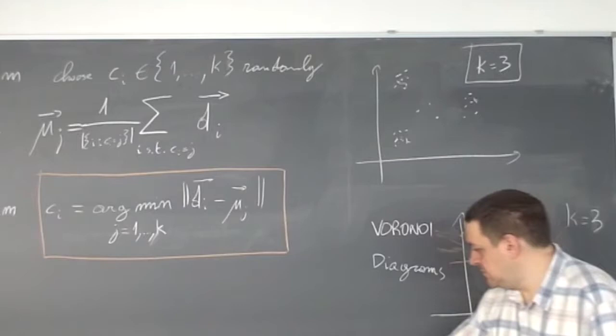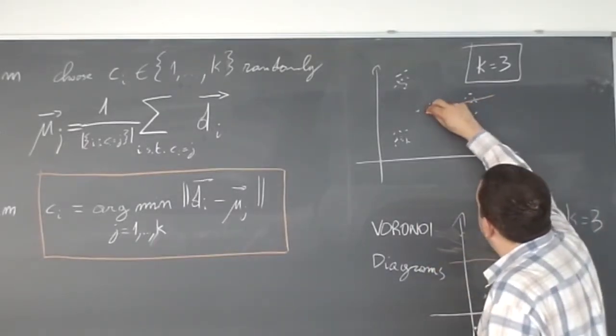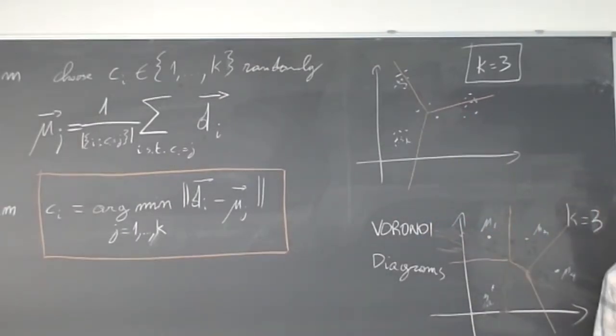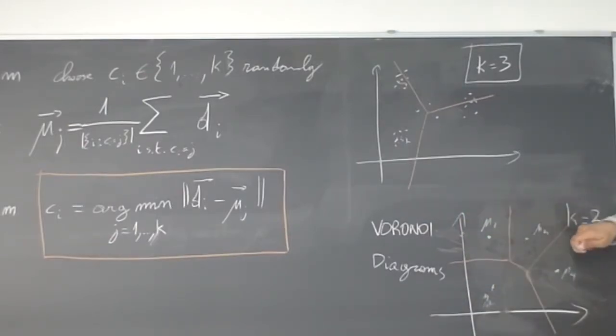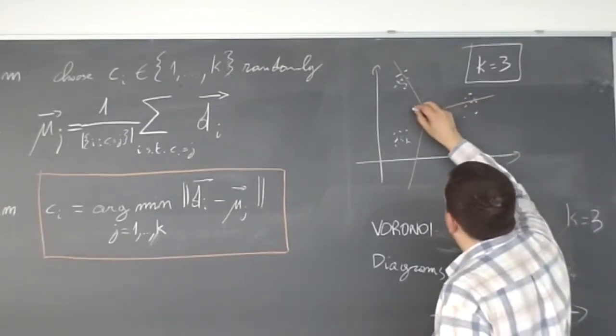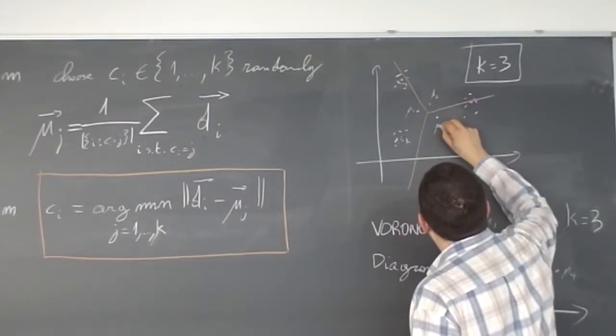So that when they share domains, they actually cut the space in this way. In this case, what's going to happen? For example, you see, in this case, let's give them some names. Okay, so this is mu1, mu2, and mu3.